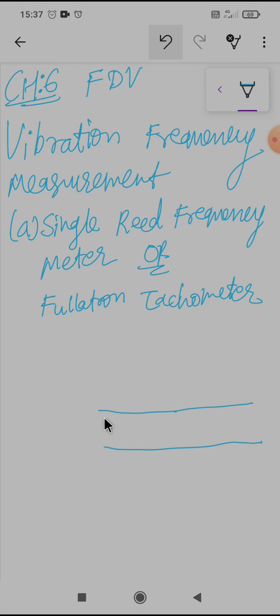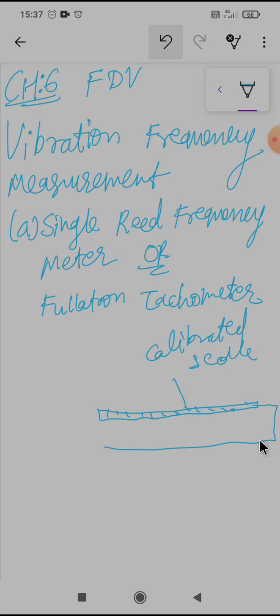And at the start of this scale, this portion is called the head, and this is the pointer.